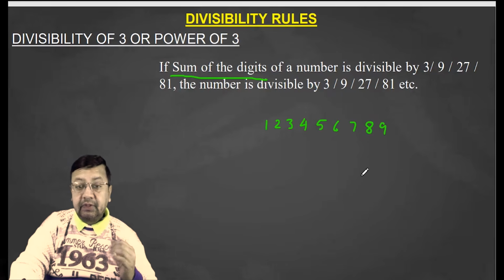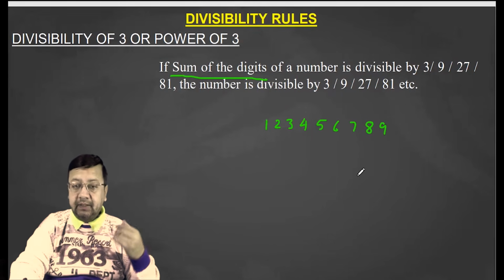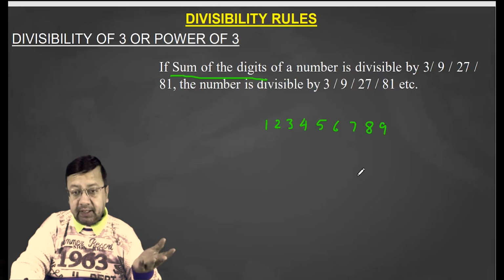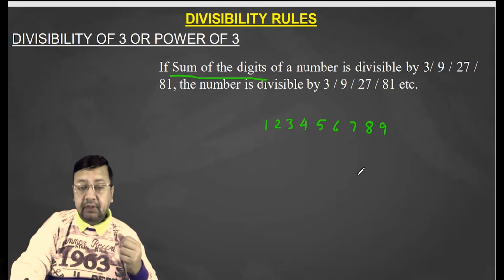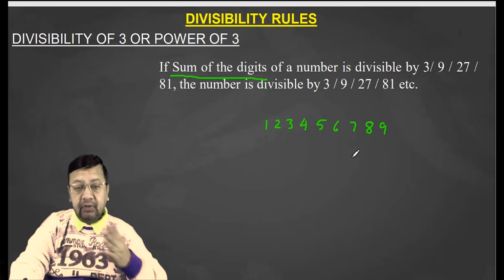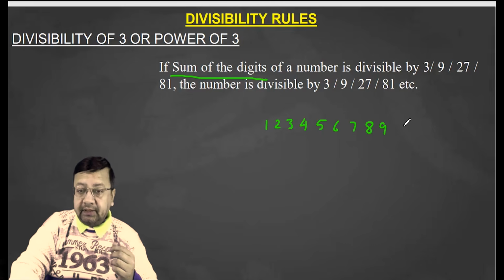You want to check whether this number is divisible by maybe 3, maybe 9, maybe 27, or some power of 3, like 81, right? So what to check? Just add all the digits. When you add the digits, how much does it come out to be? 45, right?